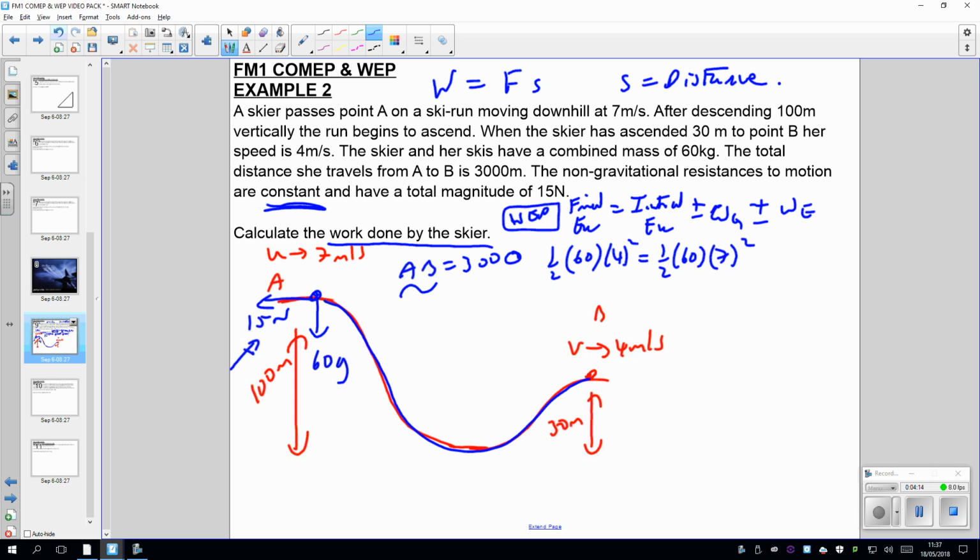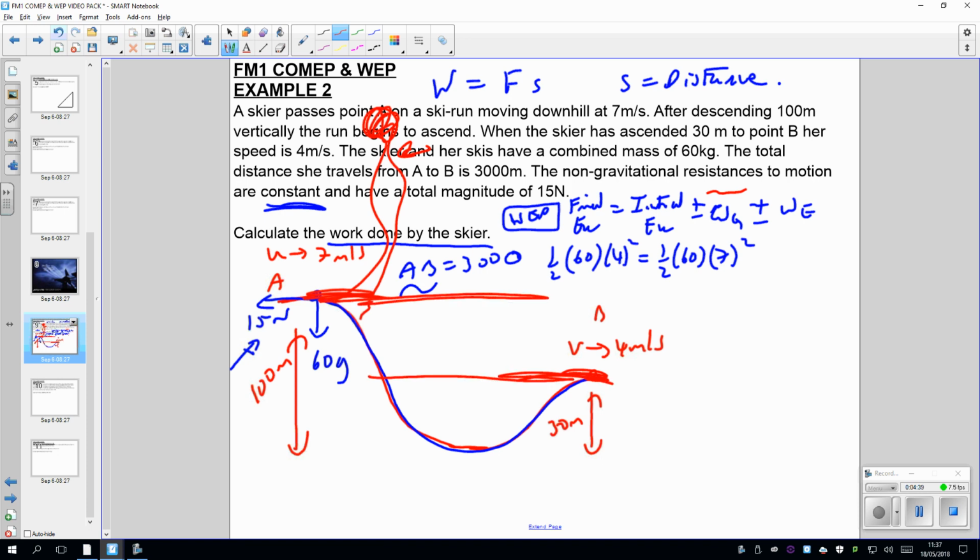And the reason I said displacement originally was because of this work done against gravity. Because for work done against gravity, I don't care if this woman has flown to the moon and back, and then comes back down to this point here. It doesn't matter what happened up here. All we care about is where she started and where she finished.